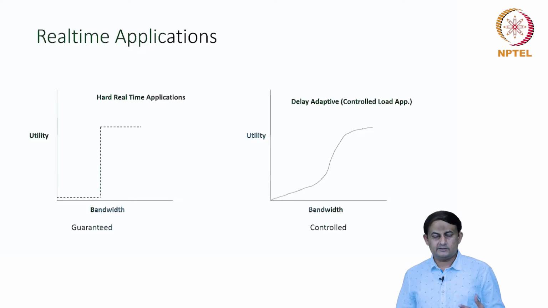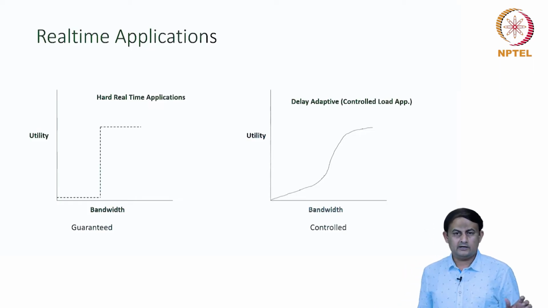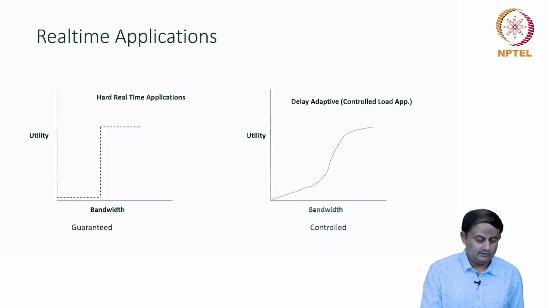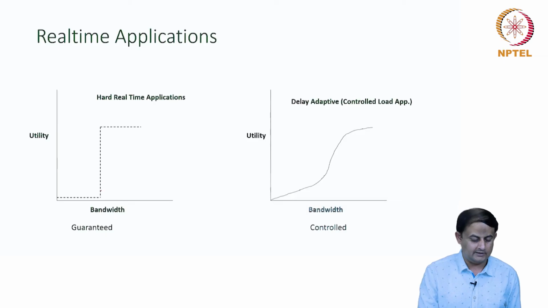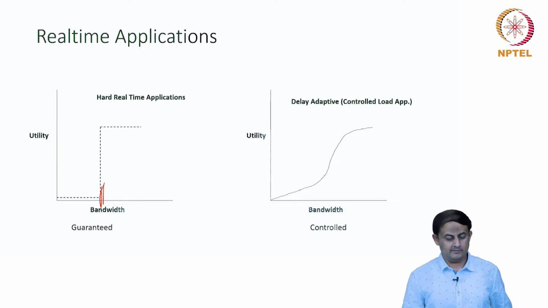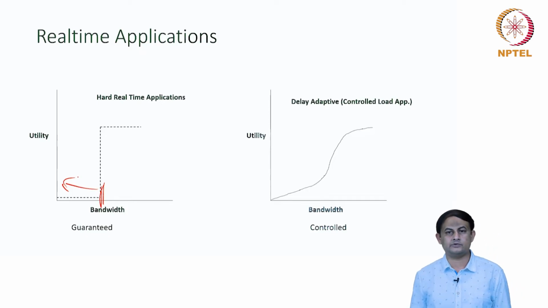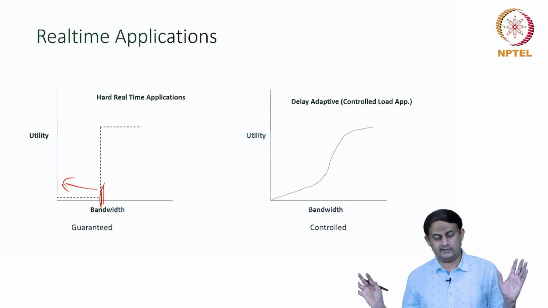So the difference is the following. In the hard real-time application, if I measure the utility quotient, when the quality of service parameter is below a certain threshold, here the quality of service parameter is bandwidth, when the bandwidth falls below this threshold, the utility quotient of this application is 0. It is as good as not doing anything.